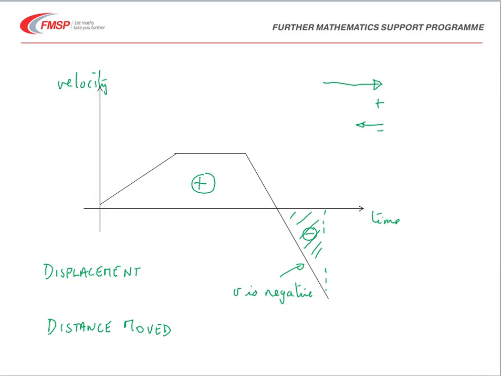So for example, let's say that in the first part of the motion this was 100 meters, and in the second part of the motion it moved back 40 meters towards the starting position. Then the displacement at the end would be 100 minus 40, which is 60 meters, whereas the distance moved would be 100 plus 40, which is 140 meters.